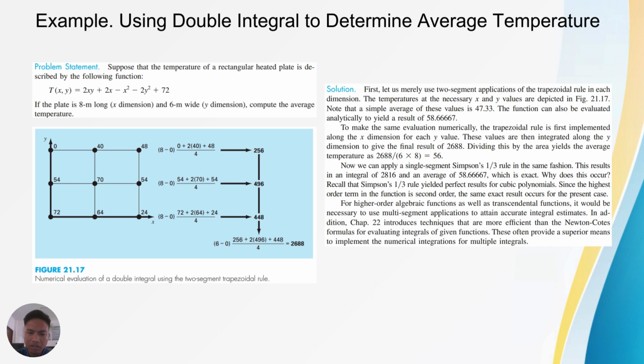Since the highest order term in the function is second order, the same exact result occurs in the present case. For higher order algebraic functions as well as transcendental functions, it would be necessary to use multiple-segment applications to attain accurate integral estimates.